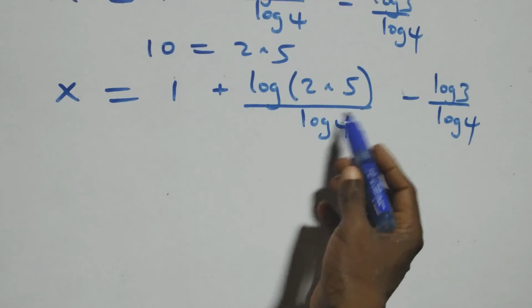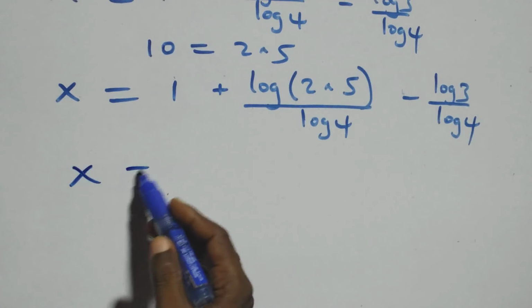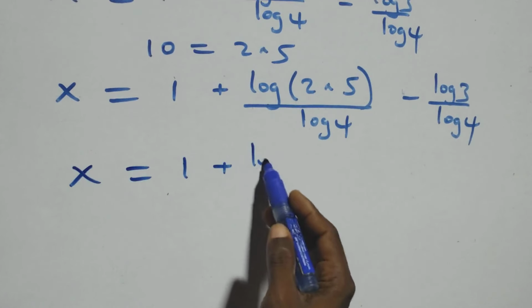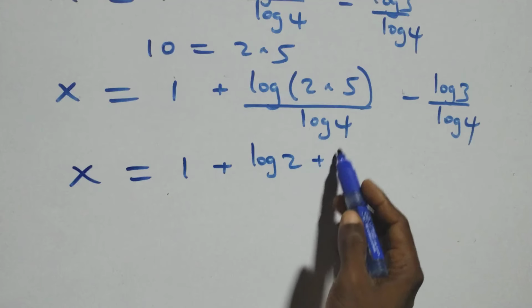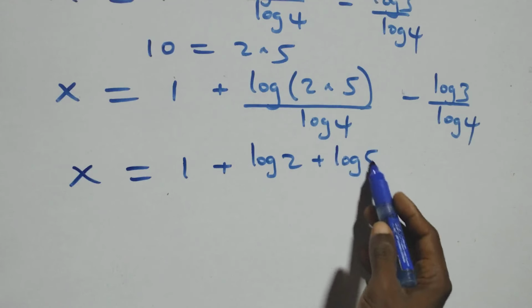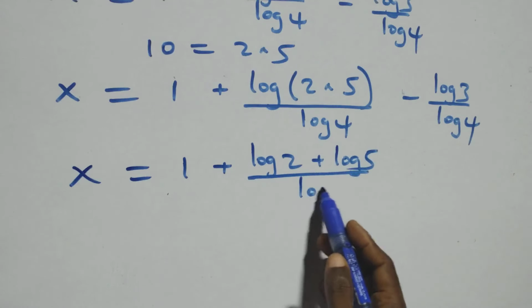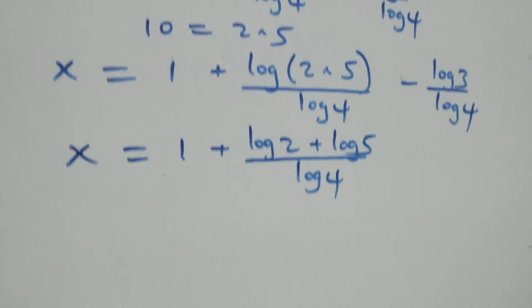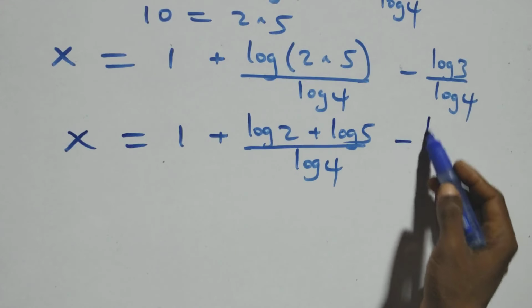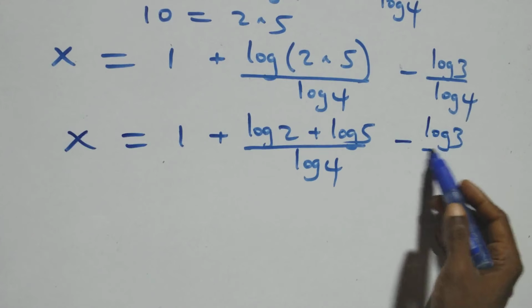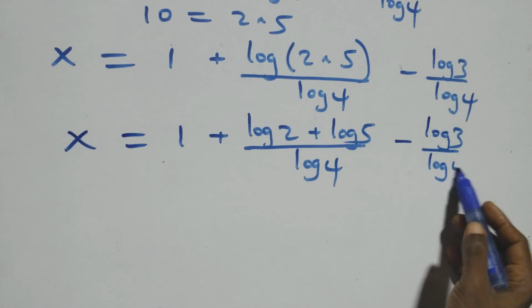Then we apply the logarithm law here as well. This becomes x equals 1 plus log 2 plus log 5 over log 4 minus log 3 over log 4.